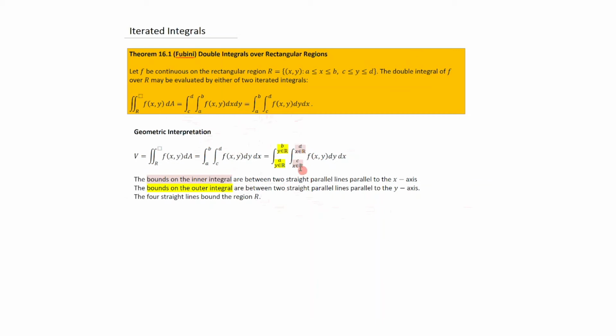So if x is an element of R, and y takes on a value of d here and a value of c here, what does that imply? That means we're talking about two lines that are parallel to the x-axis, one located at y equals d and one at y equals c. What about this? Here the outer limits would be on x. In this case, the limits are x equals b and x equals a, but y can be anything.